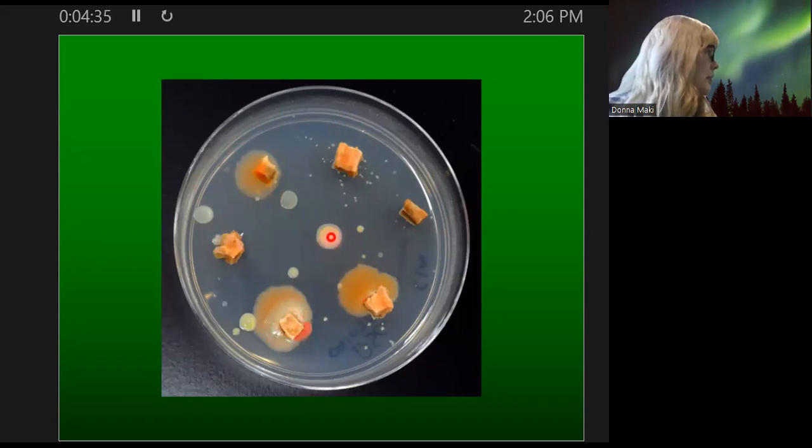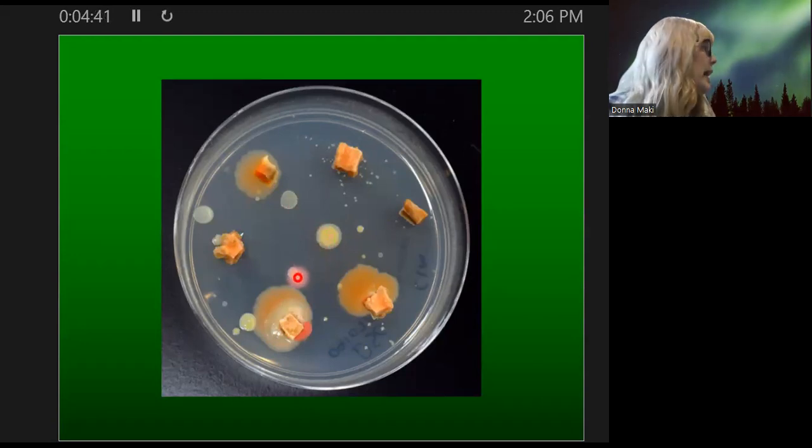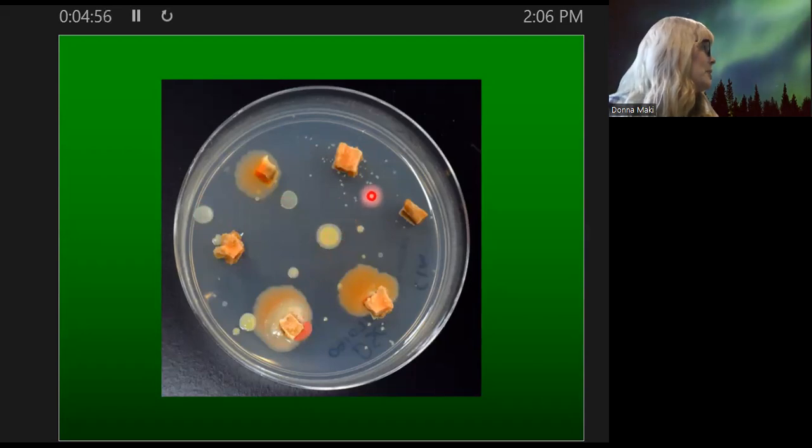However, these other colonies of microbes that you see scattered across the plate away from the tissue are probably contaminants coming from the environment, as they're running the experiment, maybe off the person's body. Hopefully they didn't sneeze into the plate. But when it's coming from the environment, you tend to see the colonies growing away from the tissue.